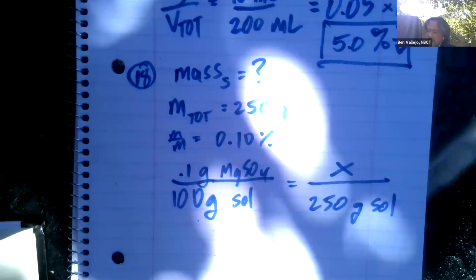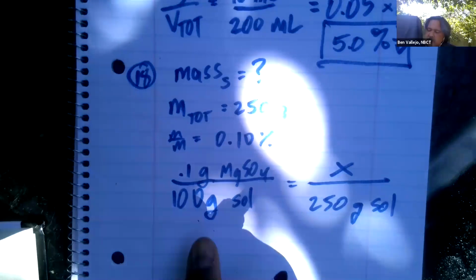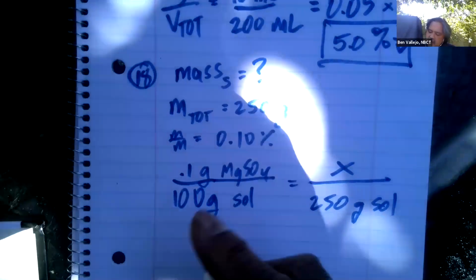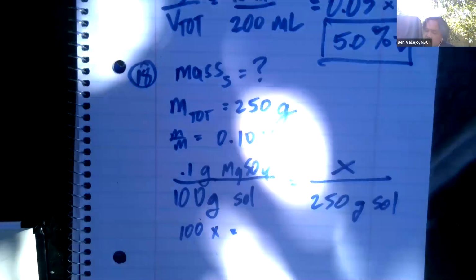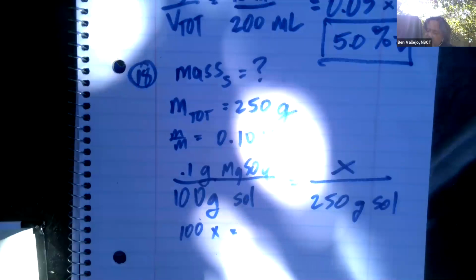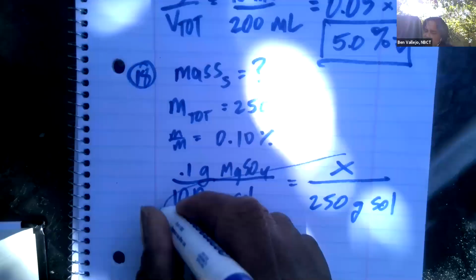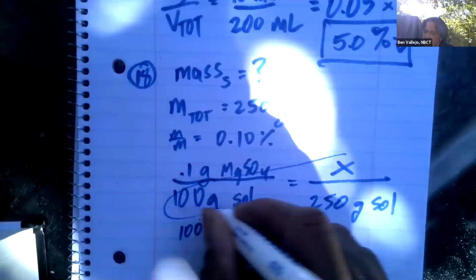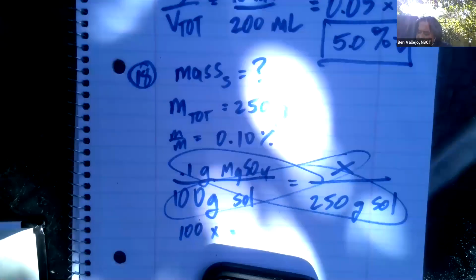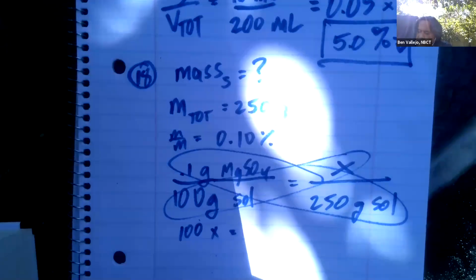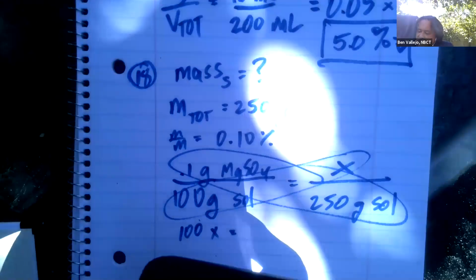By cross multiplying, you see that 100x is equal to 250 times 0.1, and you should know that that is 25.